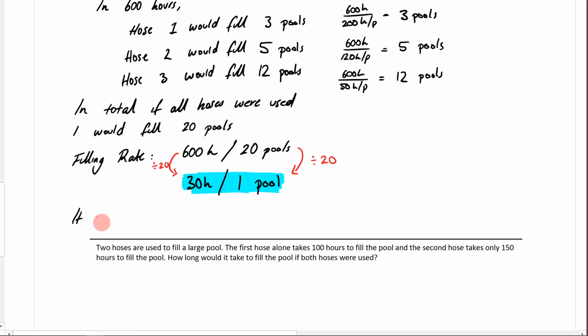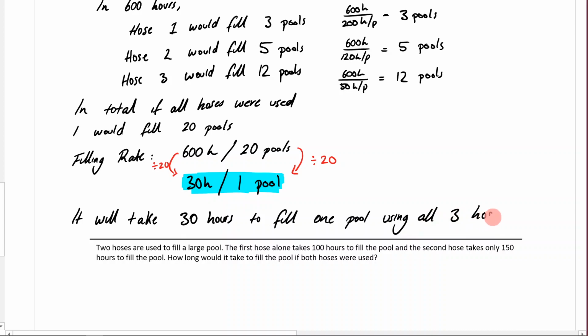It will take 30 hours to fill one pool using all 3 hoses. It will take 30 hours. And that is my answer. So that's how you would approach this question.